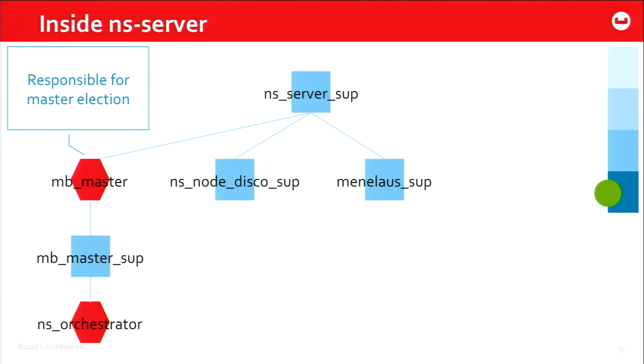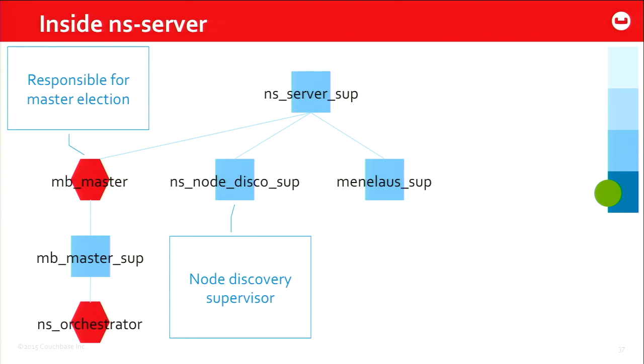The node that elects the master, its job then is to create singleton processes for the whole cluster, such as the orchestrator, which then a lot of the cluster-wide activities get channeled through.